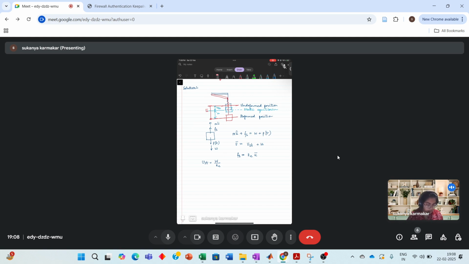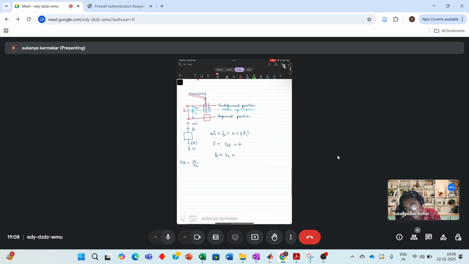This was not correct. And when we write down spring force, let's take an example. Suppose you have a spring like this, and you pull it by a certain amount, let's say delta x.